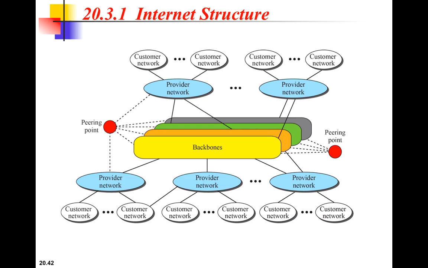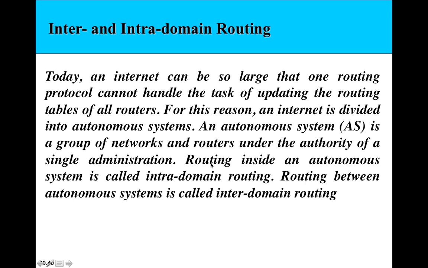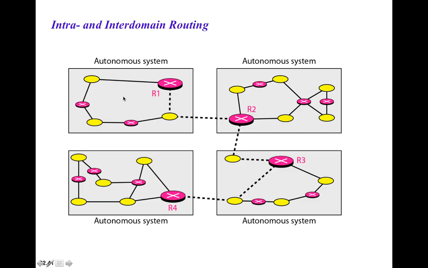So to simplify things, to make things easy, we identify each one of these systems as an autonomous system. We call each system an autonomous system. These systems are independent in themselves.